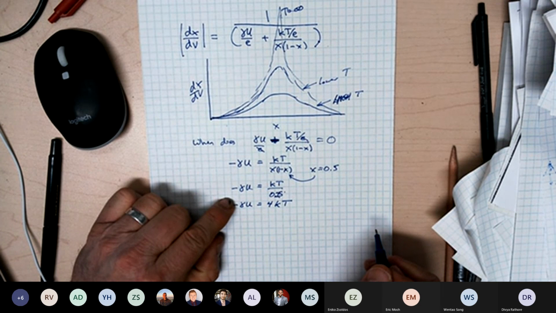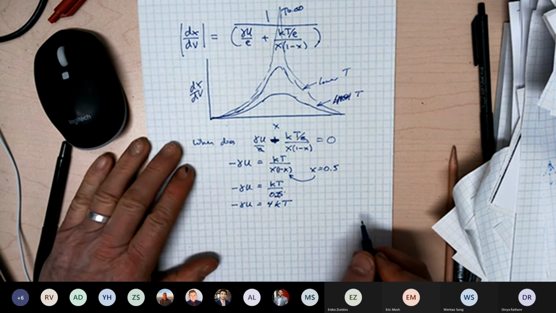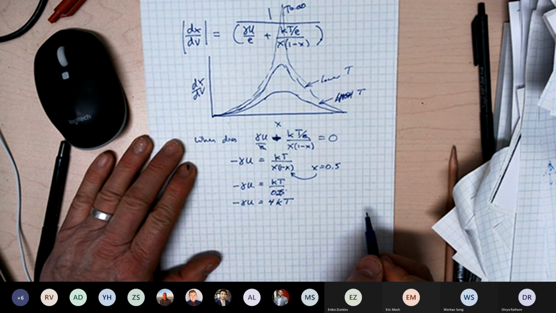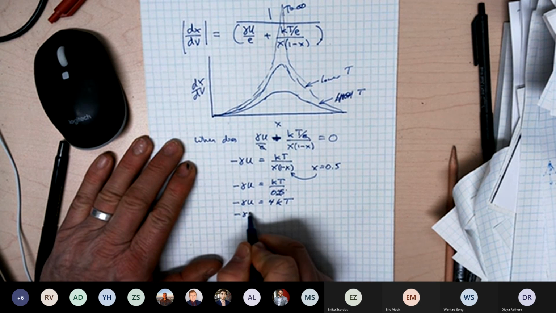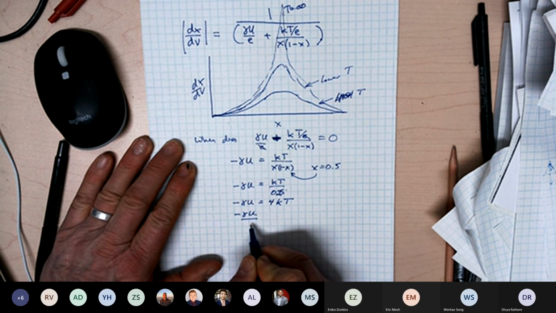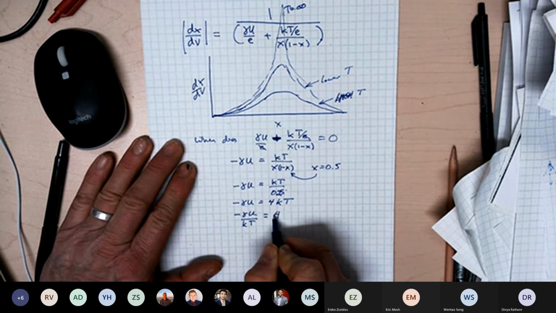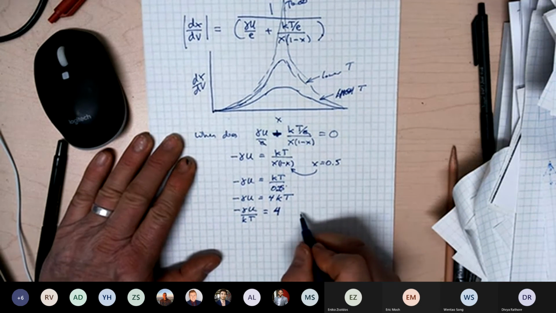So minus gamma u over KT equals 4 is the critical point.